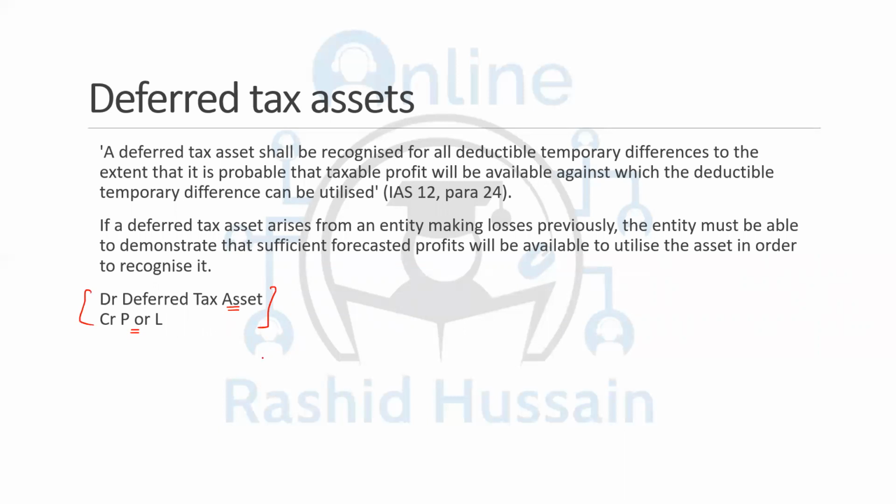And remember one thing, that once you have created a deferred tax asset in your statement of financial position, next time you are supposed to see the increase or decrease in the deferred tax asset. Similar is the case with the deferred tax liability, which we are going to discuss in a while. So once you have created the deferred tax asset, you're going to see whether there is an increase or decrease.